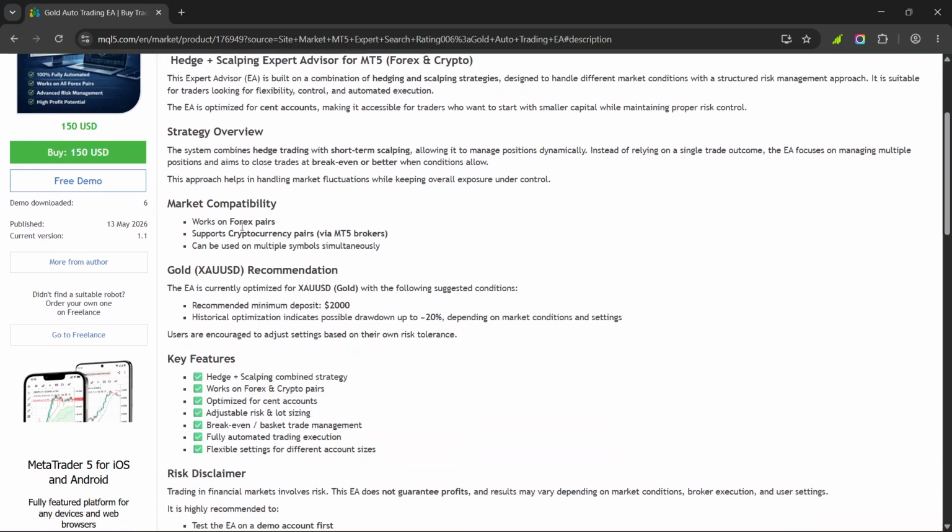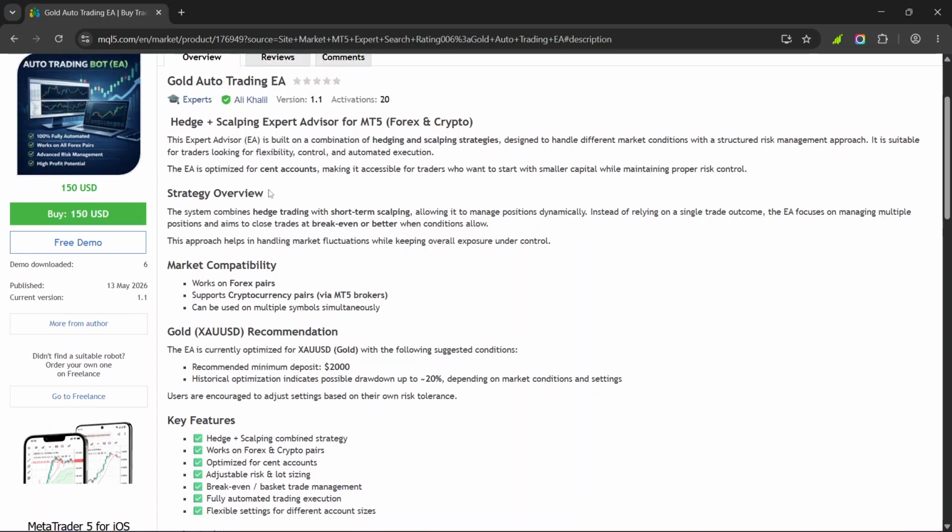The idea is to open positions and use hedging to balance things out when the market moves against you and aim to close trades at break even or better whenever conditions allow. This approach is supposed to help handle market fluctuations while keeping overall exposure under control.